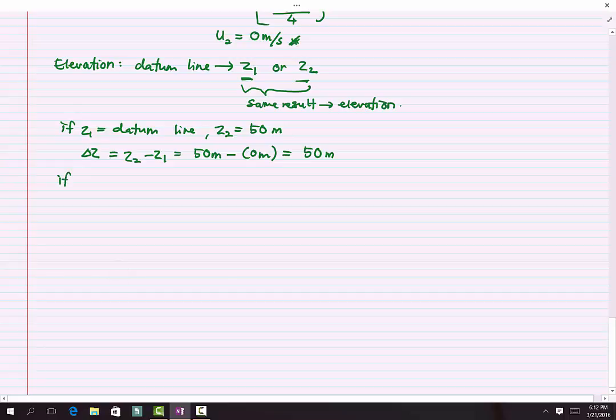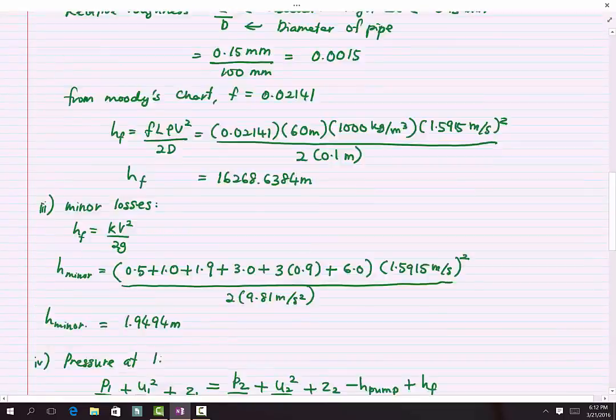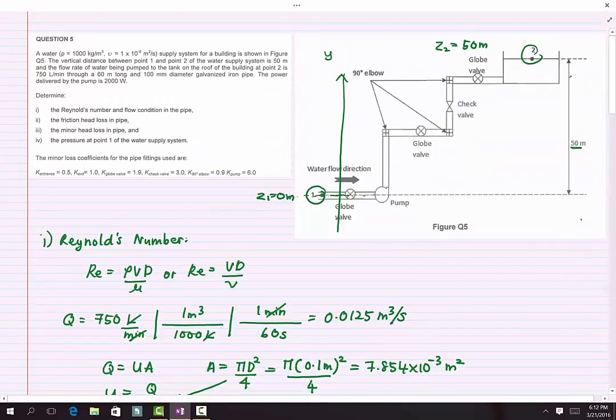What if I chose Z2 as my datum line? Take a look at this figure. I chose Z2 as my datum line, so it would be 0 meter.